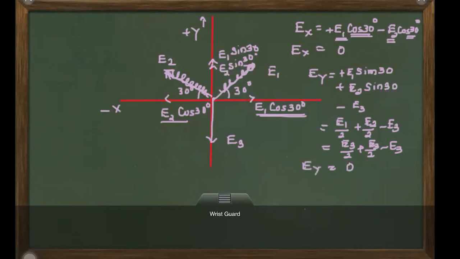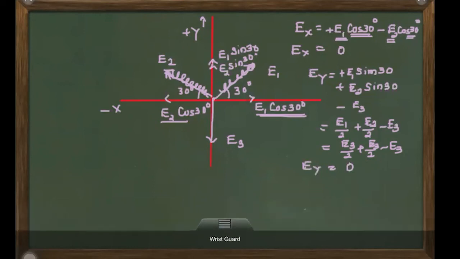So total X component and total Y component will be 0. So what will be E net at that point? E net will be under root, 0 square plus 0 square.